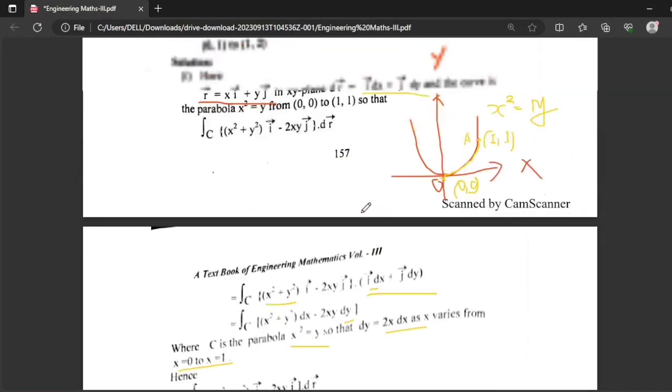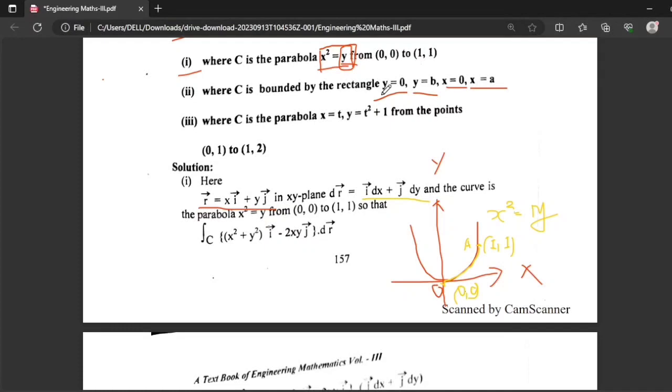And for the second case, bounded by the rectangle y equals 0, y equals b, x equals 0, and x equals a.